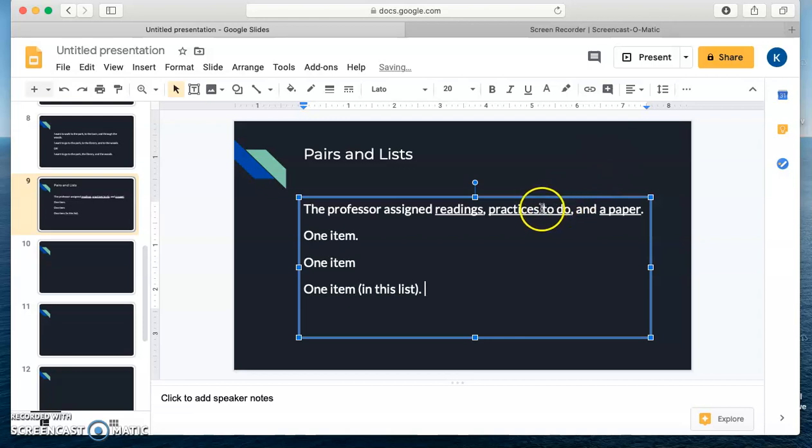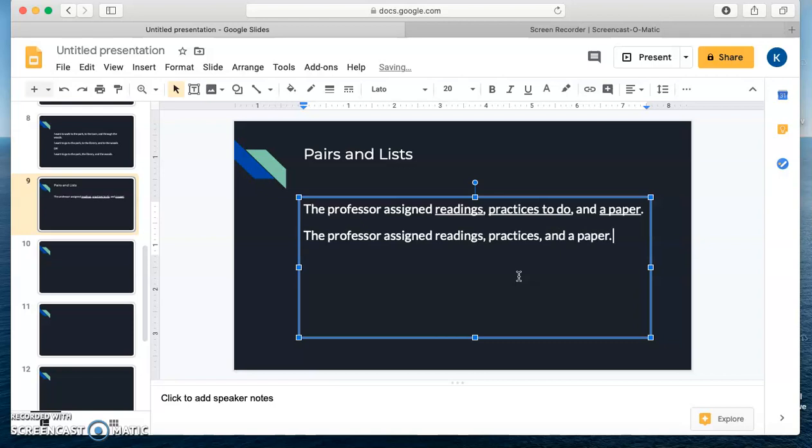However, the fact that we have this phrase to do throws off the structure of our sentence. Therefore, the way that we need to fix this is a very simple fix. The professor assigned readings, practices, and a paper. We just drop the to do.